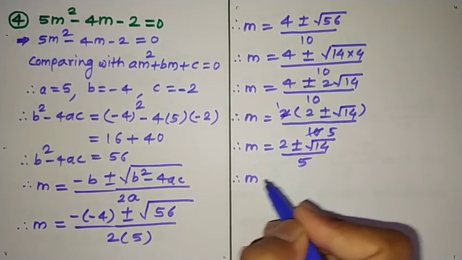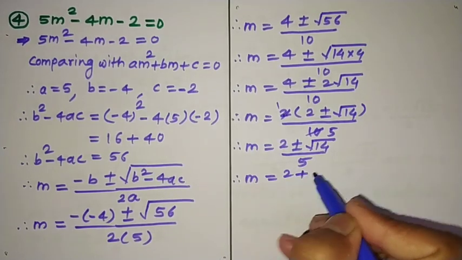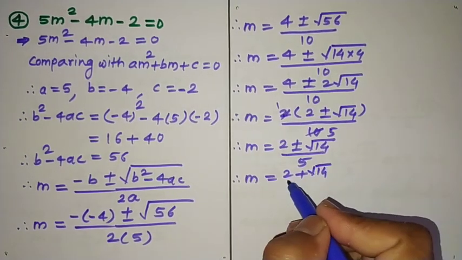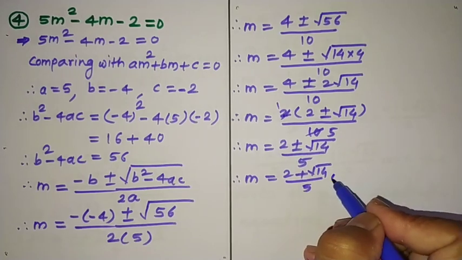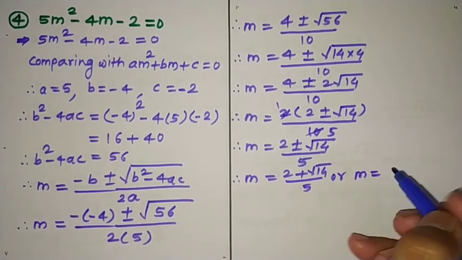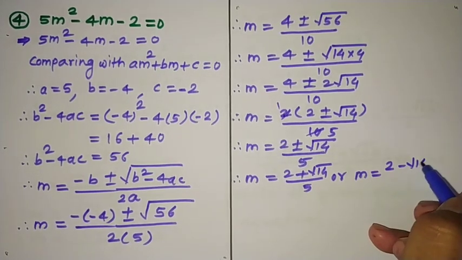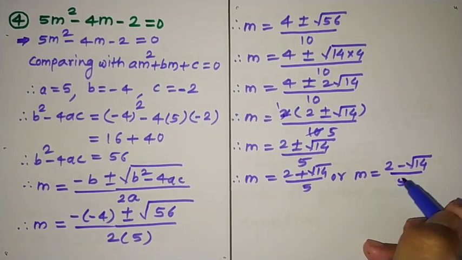Therefore, m is equal to 2 plus root 14 upon 5, or m is equal to 2 minus root 14 upon 5.